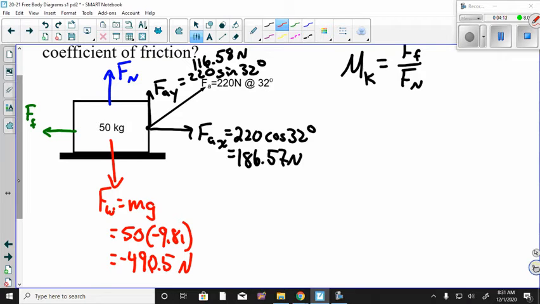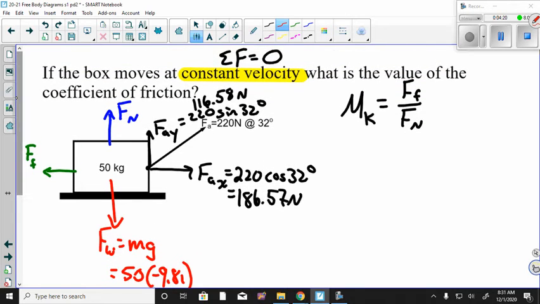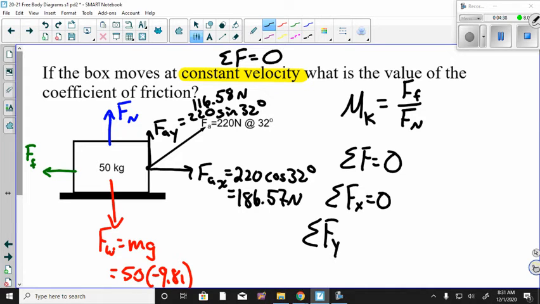All right, so now I'm ready to start going after the friction force and the normal force. I'm going to use the net force of 0 in order to do that, because I know this object is traveling at constant velocity, which means the forces in the x direction are 0, and the forces in the y direction have to add up to be 0. That's how I'm going to find the friction force and the normal force.